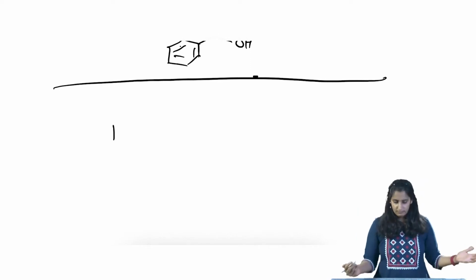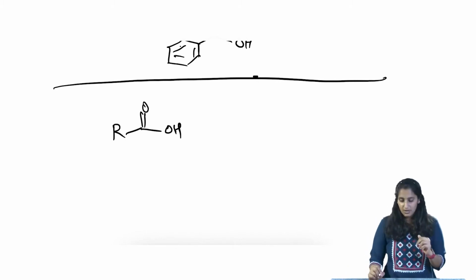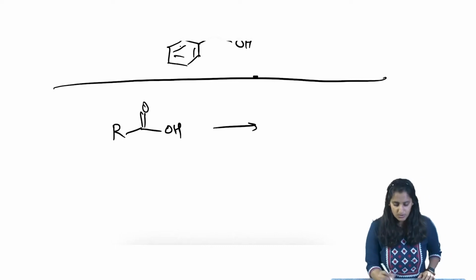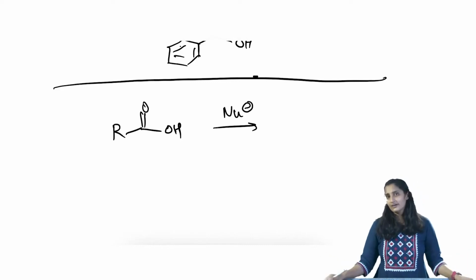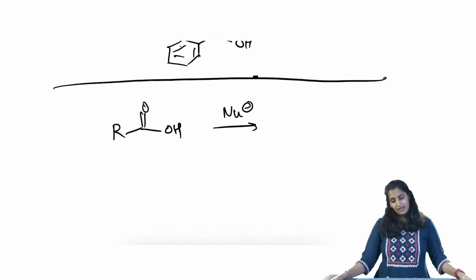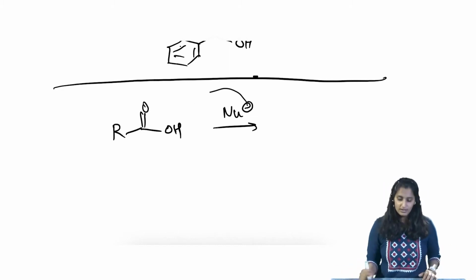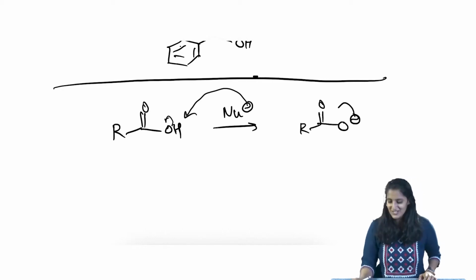And remember that acids themselves will not undergo this acyl substitution reaction very nicely, because as we were talking about, most nucleophiles are also good bases. So, let us say a hydroxide, a good nucleophile, also a good base, or any other nucleophile. What it is going to do is first deprotonate this and form the conjugate base.